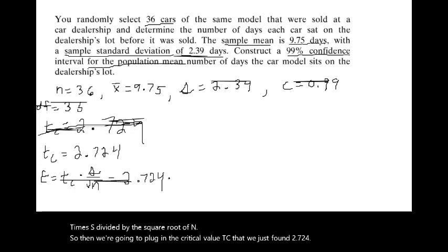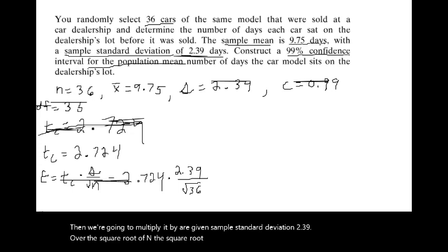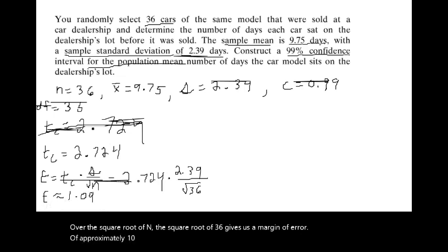Then we're going to multiply it by our given sample standard deviation, 2.39, over the square root of n, the square root of 36, which gives us a margin of error of approximately 1.09. Since everything else in the problem was rounded to 2 decimal places, I'm going to stay consistent and round my margin of error to 2 decimal places.